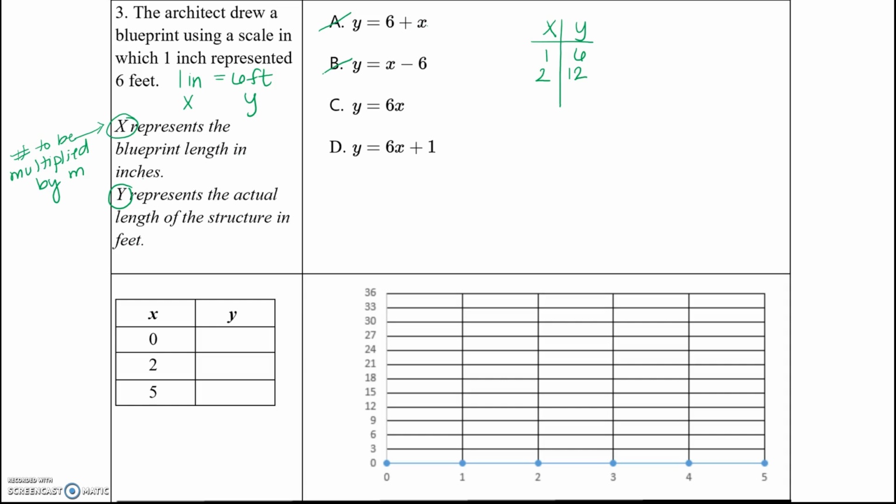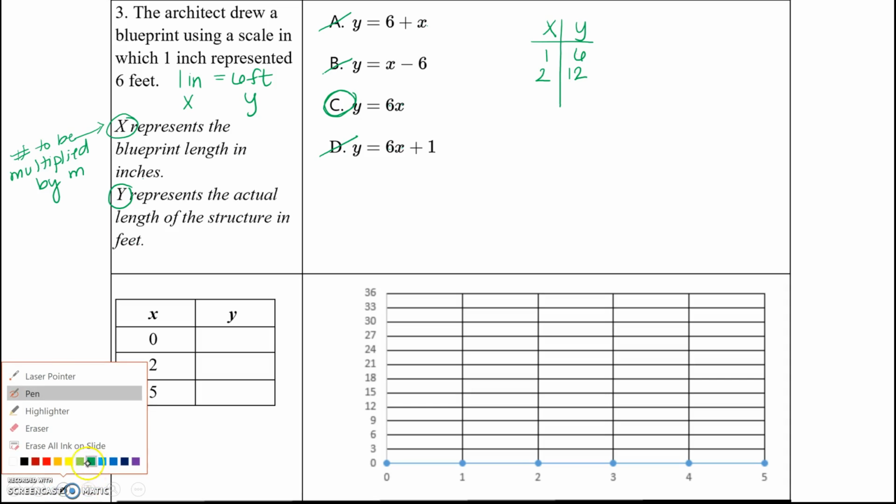Then I have y equals 6x. Well, 1 times 6 is 6. That looks good. And then this one has 6x plus 1. So 1 times 6 is 6 plus 1 is 7. Well, this doesn't say anything about adding. Okay, so my equation is actually y equals 6x.